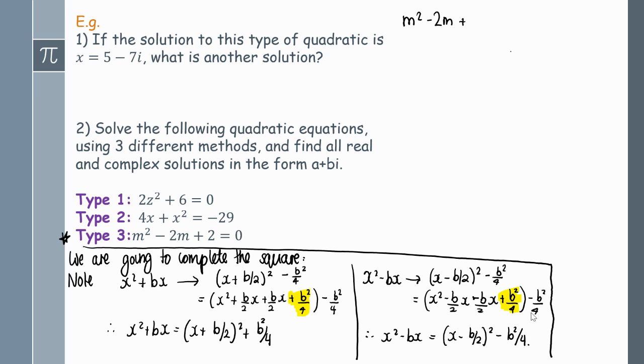Back to our problem. m squared minus 2m plus 2 equals 0. Let's complete the square with the m squared minus 2m part. This is of the same form as x squared minus bx. Instead of x's, we have m's, our unknowns, and our b will be 2. We have a minus sign in the middle.